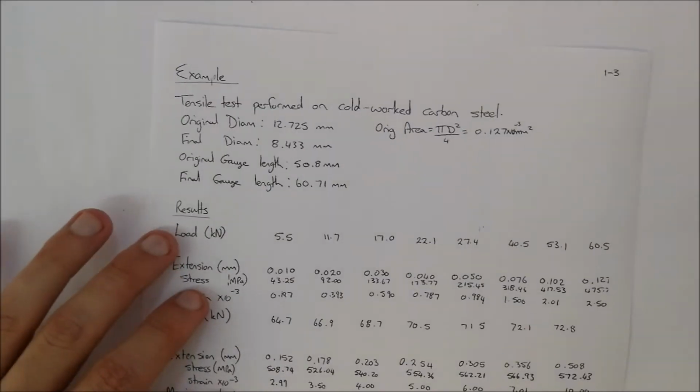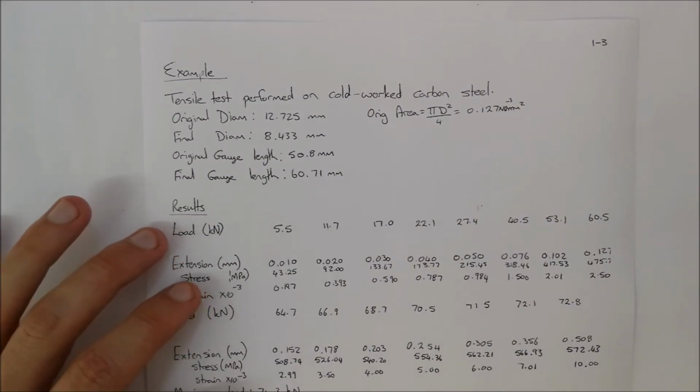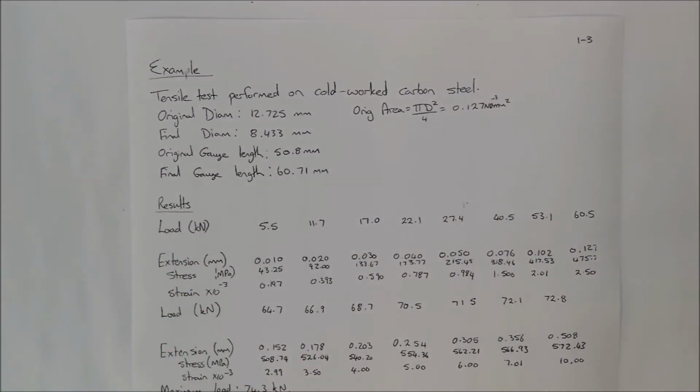Okay, so let's have a look at an example. You're given a tensile test performed on a cold worked carbon steel piece of material. You're told that the original diameter is 12.725 millimeters.